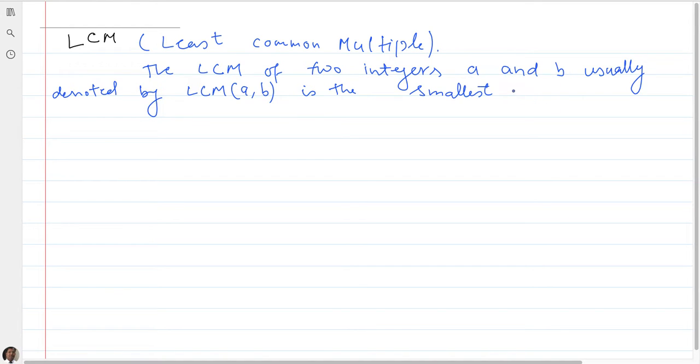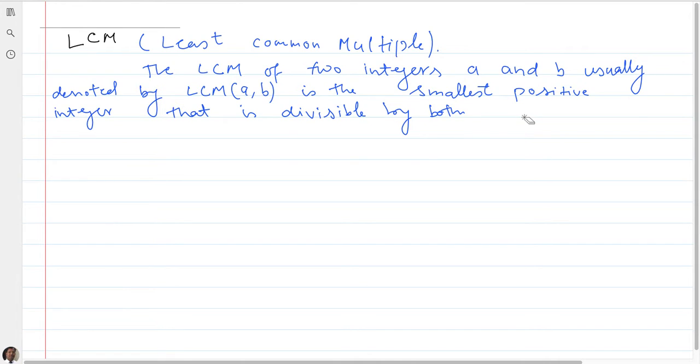The LCM of a and b is the smallest positive integer that is divisible by both a and b.